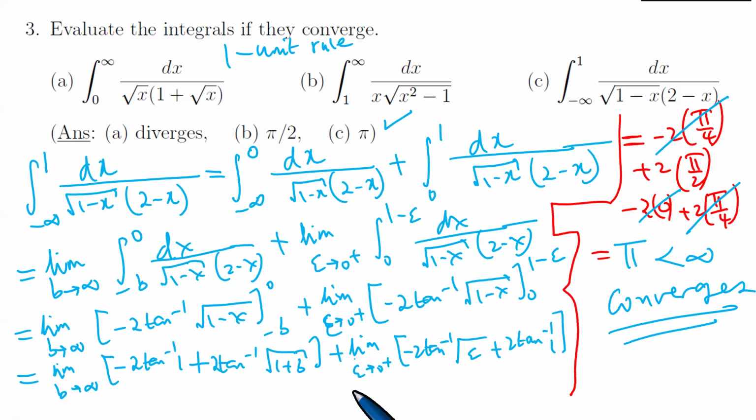Any question about the C? The C was a little bit tricky. What was tricky about it? Well, the pattern of 2 types of integrals, improper integrals of the first kind and improper integrals of the second kind.